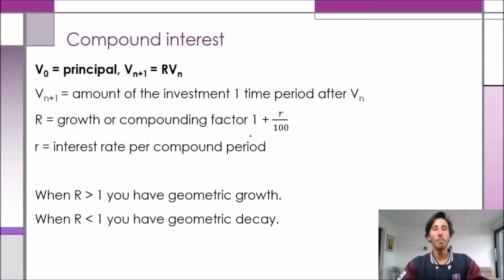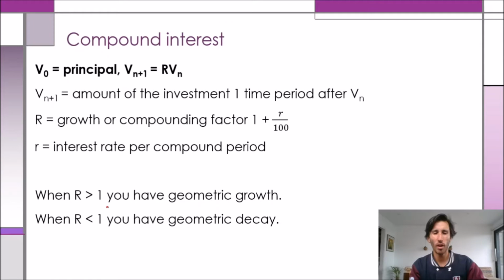All right, for compound interest, V0 is our principal, Vn+1 is R times Vn. Vn+1 is the amount of the investment one time period after Vn. Capital R is the growth or compounding factor, 1 plus little r over 100, where little r is the interest rate per compound period.